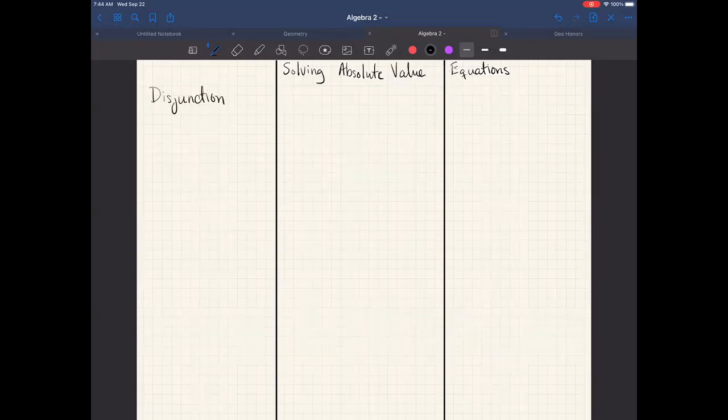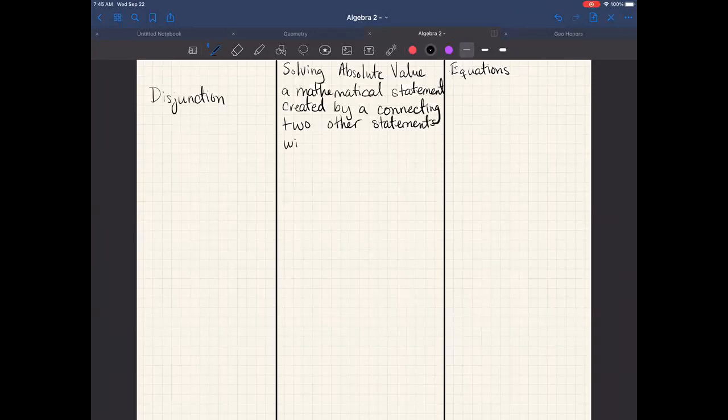A disjunction is a mathematical statement created by connecting two other statements with the word or.